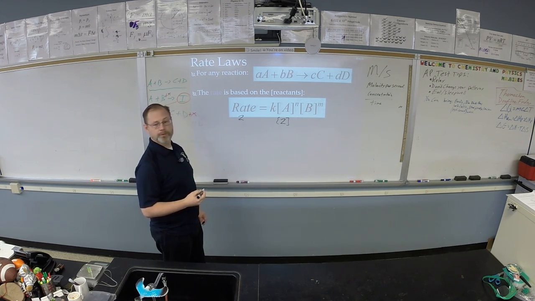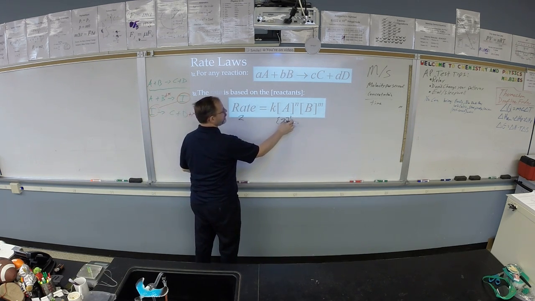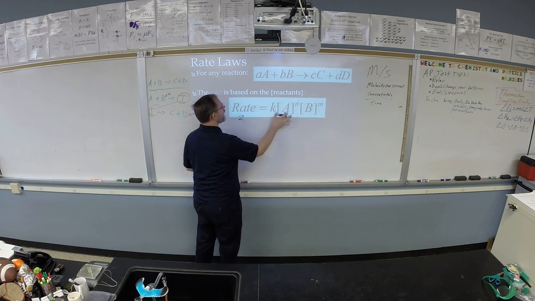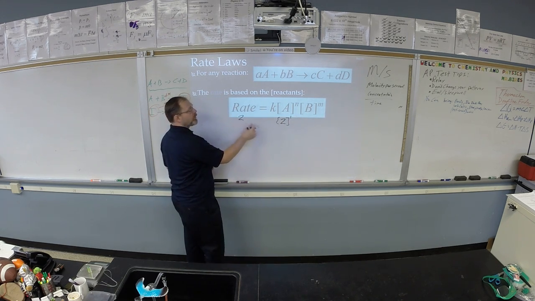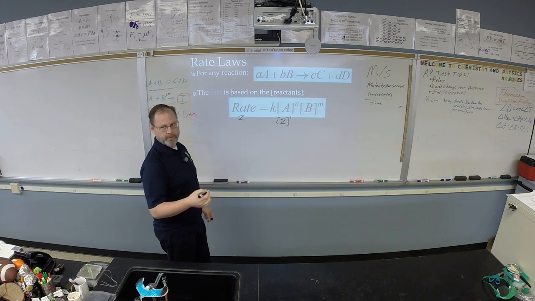It would be squared, so 2 squared is 2? It would be a 1, because 2 to the first power is 2. So if you double the concentration of A and the rate doubles, we would say it's first order with respect to A. I'm going to show you this in a little bit more detail.